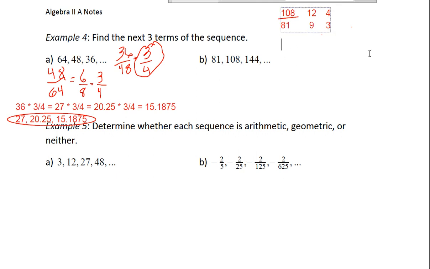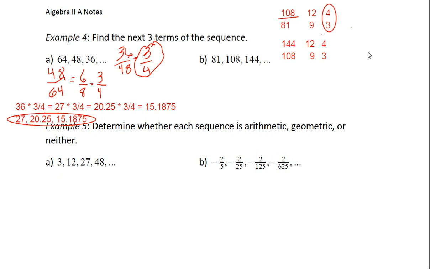And then we get 144 over 108. So if we reduce that, we can divide by 12, and so this is 12 over 9, which will again reduce to 4 over 3. So common ratio again, this is 4/3.